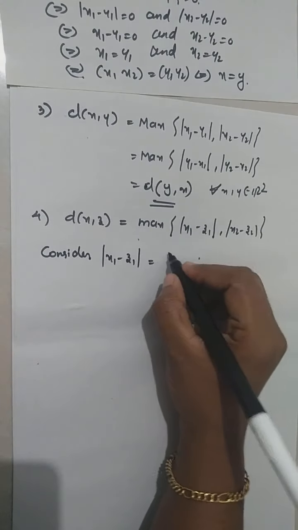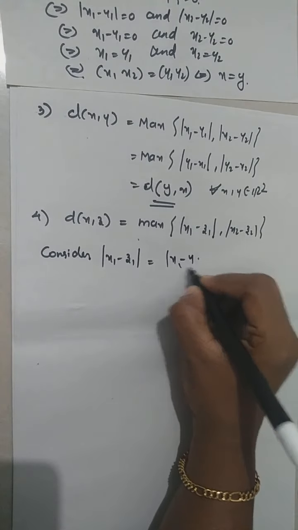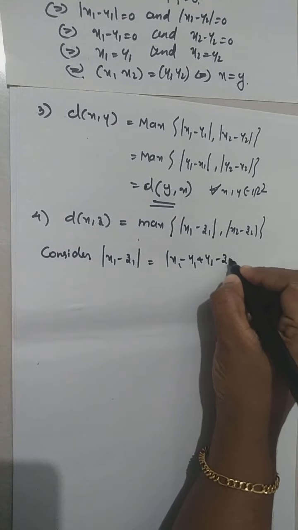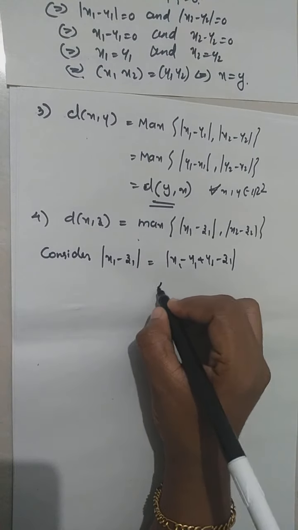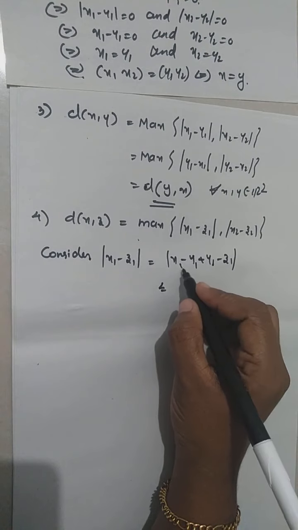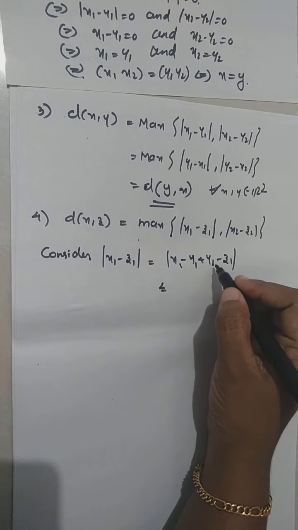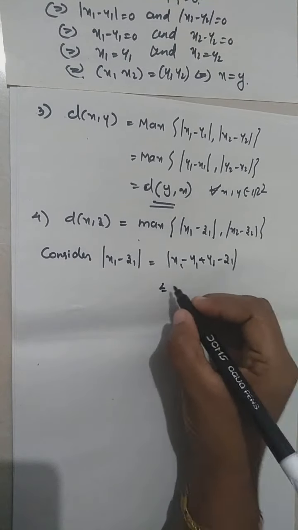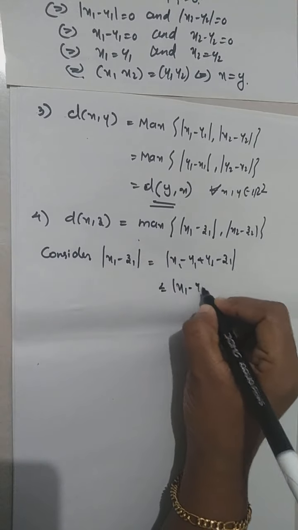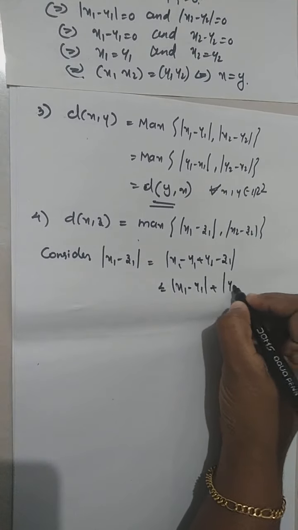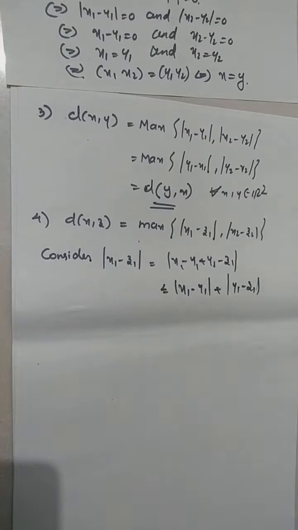We add and subtract the term y1: x1 minus y1 plus y1 minus z1. We know that modulus of a plus b is less than or equal to mod a plus mod b. Here x1 minus y1 is the term a and y1 minus z1 is the term b. So this will be less than or equal to modulus of x1 minus y1 plus modulus of y1 minus z1.